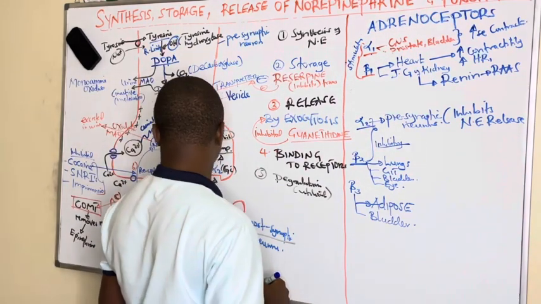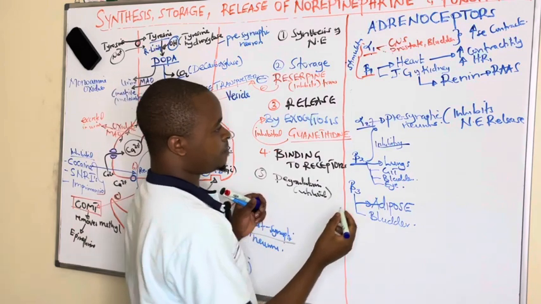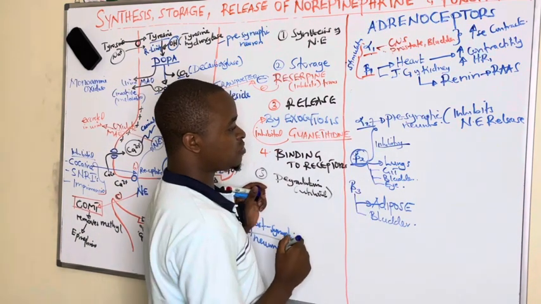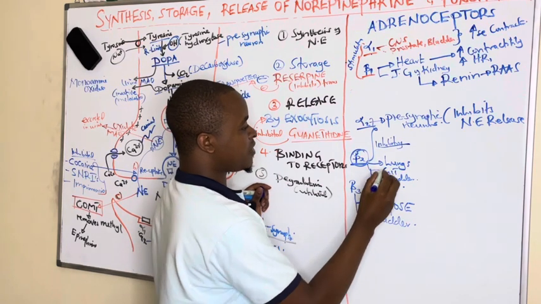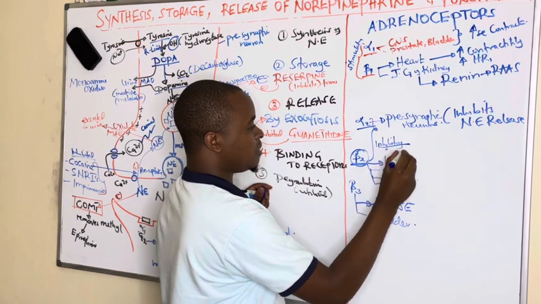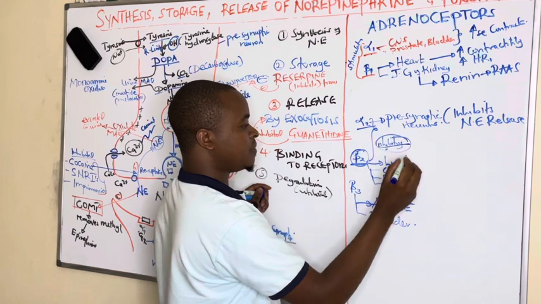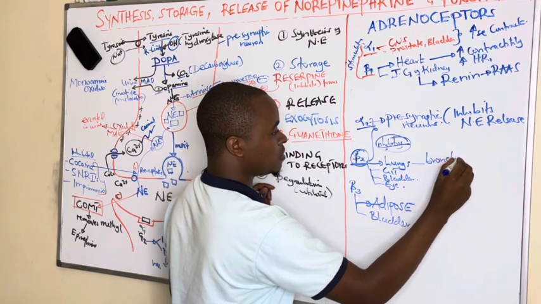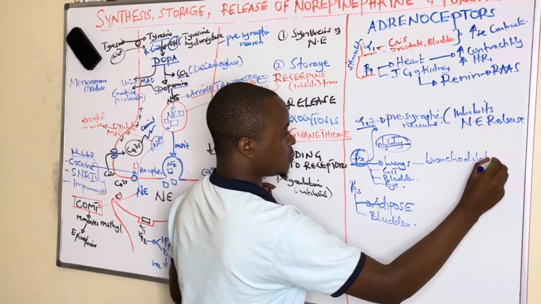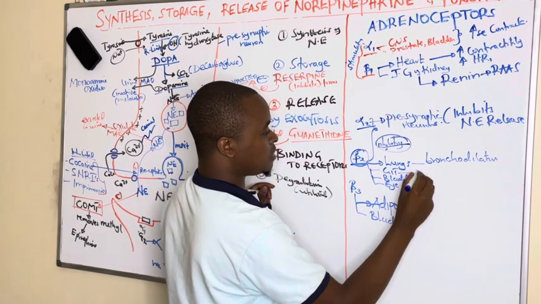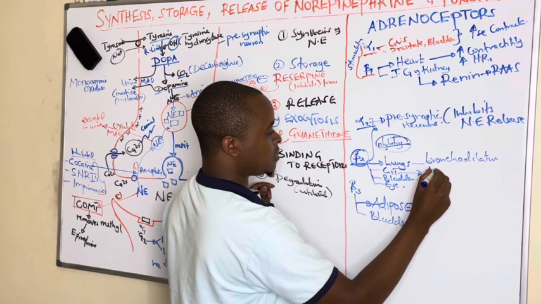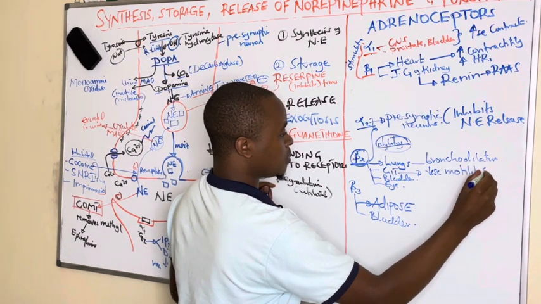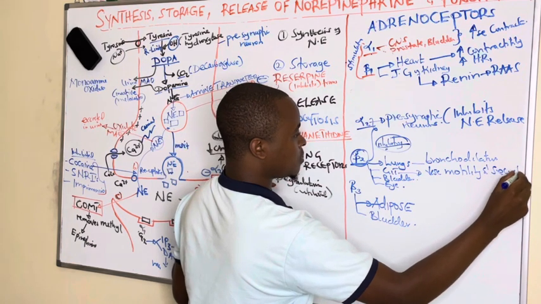Another effect: if we go to beta 2, we are seeing they are inhibitory. And because it is inhibitory, when it goes to the bronchus, it causes bronchodilation. When it goes to the GIT, it decreases motility and secretions.